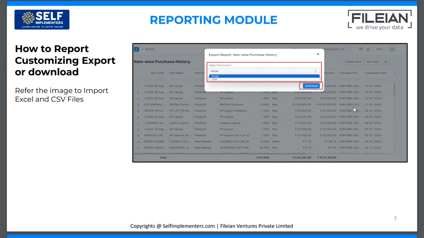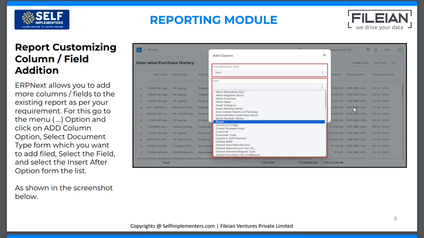Also, we will see how we can download the data from the report to our Excel spreadsheet or CSV file type. Then, as I said, we will see how we can customize a report by adding a column and field to a particular report.